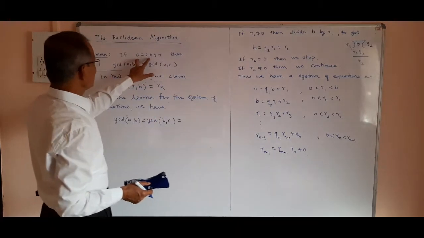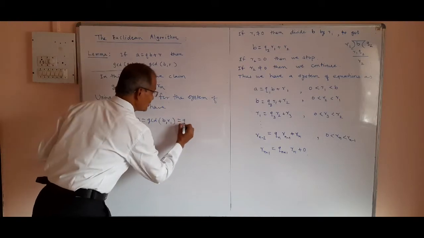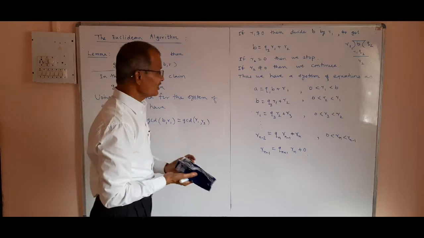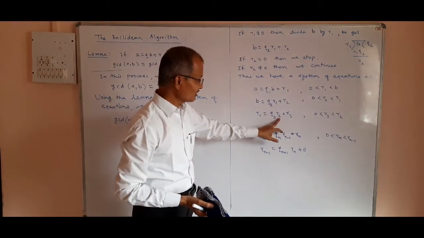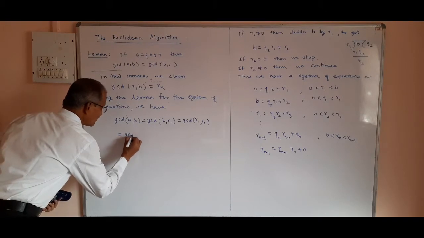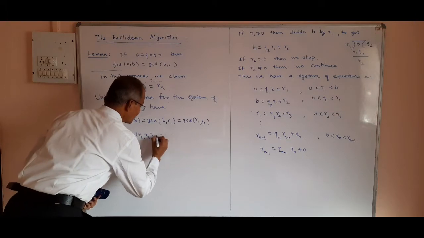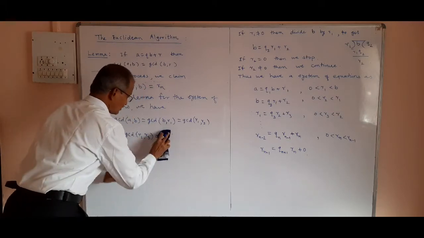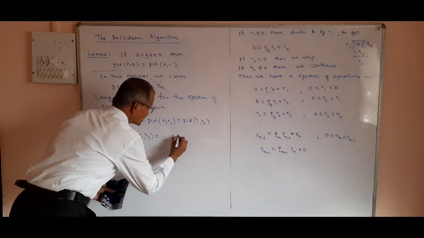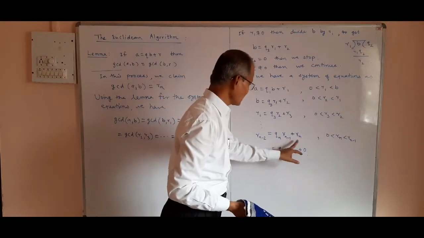So GCD of A, B is the same as GCD of B, R1. From the second equation, this is equal to GCD of R1, R2, and GCD of R1, R2 will be the same as GCD of R2, R3. This is continued up to the last but one, GCD of Rn minus 1 and Rn.